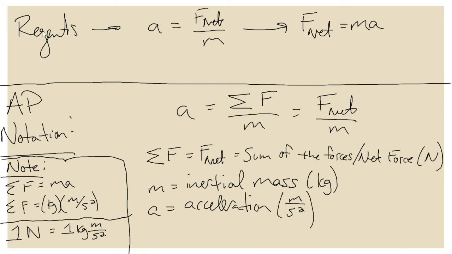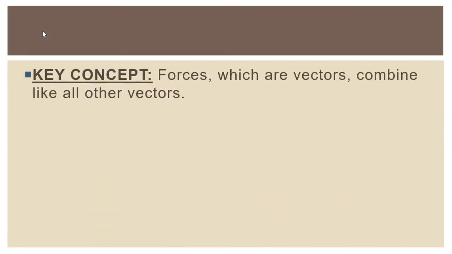Okay, so I just want to take a second to address this sum of the forces thing before we move on, because obviously this is going to come into play in a ton of these problems, especially based on what we said in the video before the Newton's first law video. So the key concept here is that forces, which are vectors, combine like all other vectors.